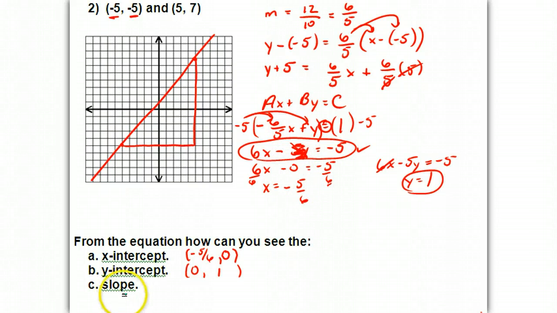Okay. And the slope, well, if I had written this equation out like this, and I wanted to find the slope, I know that in slope-intercept form, I would see the slope. So let's do that. Slope-intercept form means that I'm going to isolate for the y. y is equal to mx plus b.